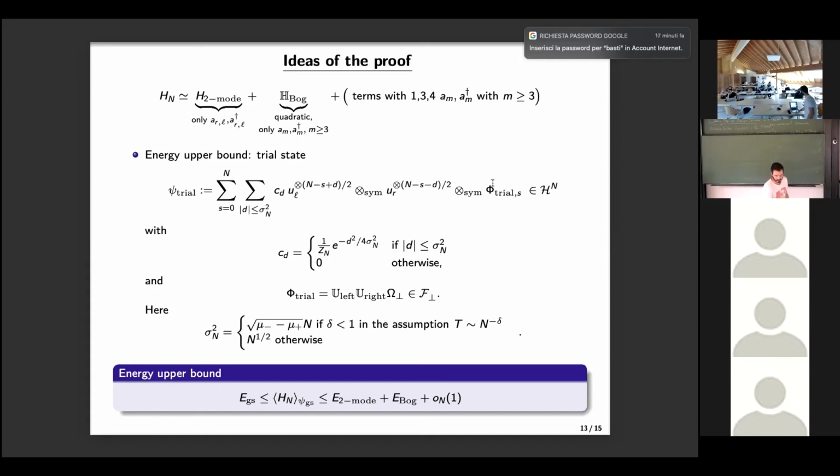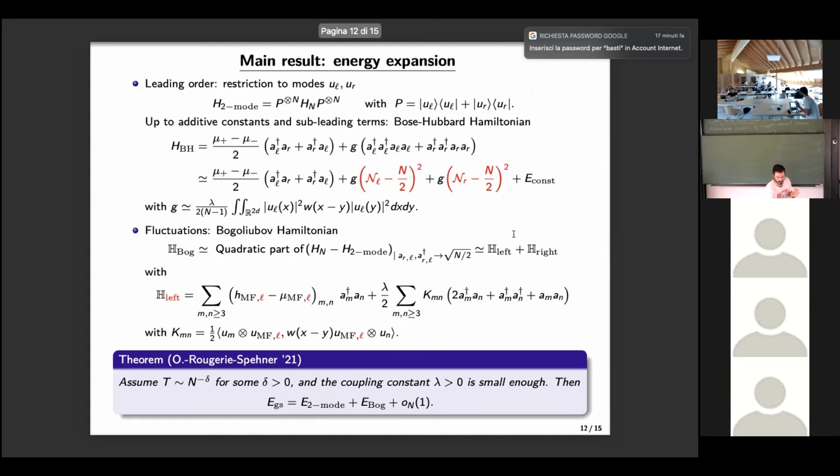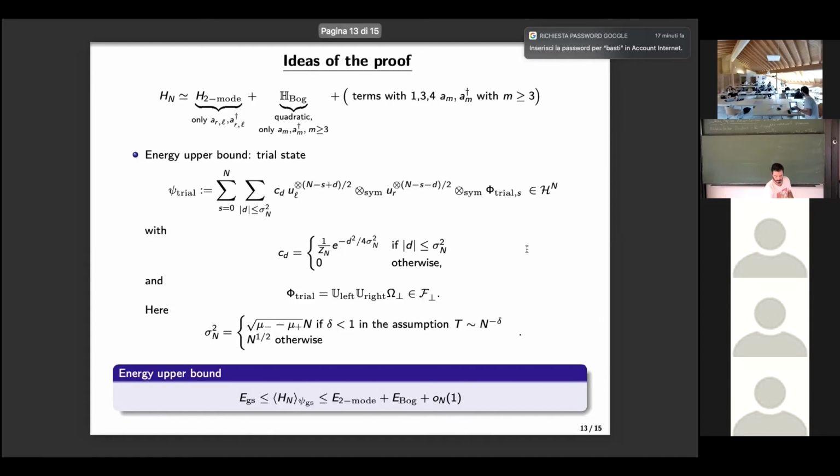And for phi trial, we make this choice. We take the vacuum of excitations and we apply two Bogoliubov transformations, which are the ones that diagonalize this Bogoliubov Hamiltonian and this one. Since the two Hamiltonians, left and right, only saw modes either in the left or in the right, these two operators commute actually.